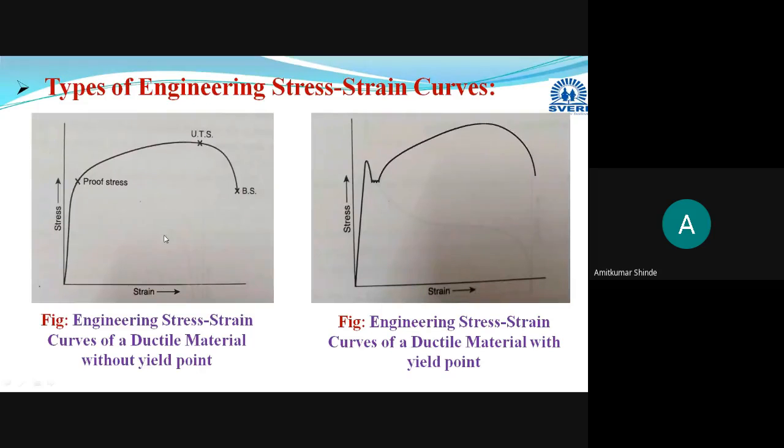Okay, in the first diagram, you can see this is the curve for ductile material without yield point. This is the proof stress. There is some difference between the proportional stress and proof stress. The proportional stress is the stress up to which the stress is directly proportional to strain, and at the proof stress, above this particular point, the material will show permanent deformation.